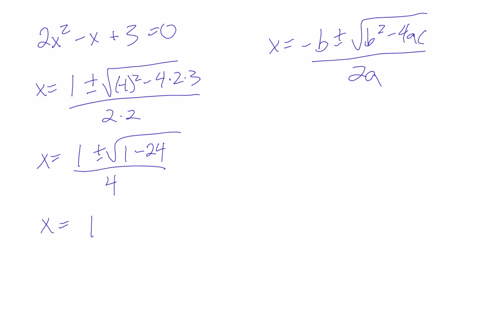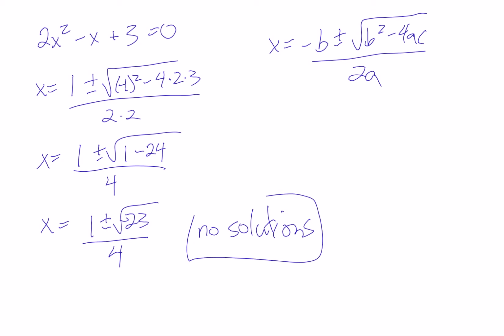So we get 1 plus or minus the square root of negative 23, and the square root of negative 23 doesn't work. You can't take the square root of a negative number. So that means, because we can't do a square root, we get no solutions.